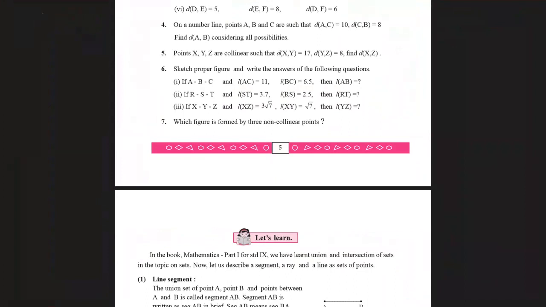It tells you that B is between A and C. Length of AC is 11. That means the distance from A to C is 11. Distance, length of BC is 6.5. So the distance BC is 6.5. How much is length of AB? So that's very simple. The total distance AC minus the distance BC should give you length of AB, right? So 11 minus 6.5 will be your answer. Okay. And so on with the other two sums.